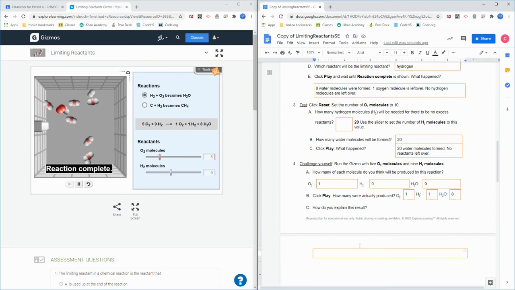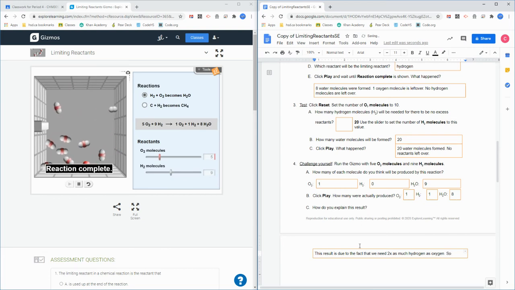Oh, this result is due to the fact that we need 2 times as much hydrogen as oxygen.